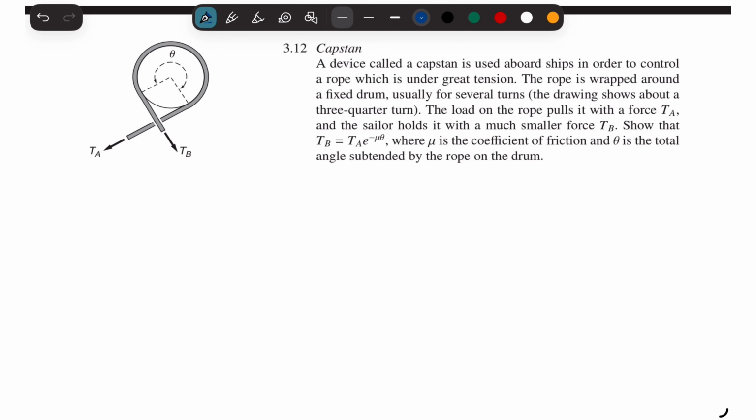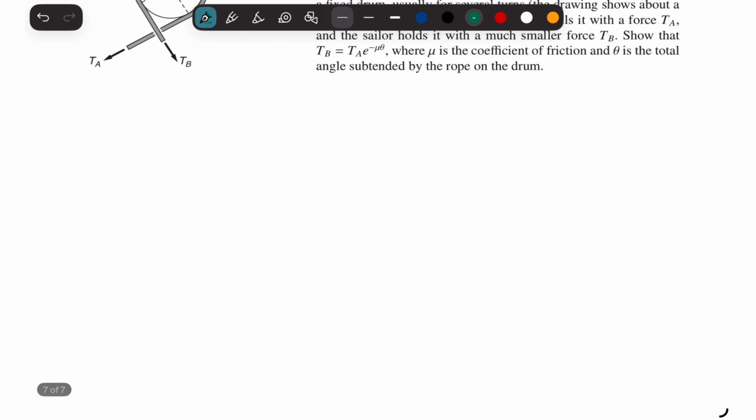Great. So let's consider a very small length element on the rope, something of this small. And then let's draw the force diagram. So this is T and this is T plus dT, and then you have in the middle, now we can connect these vectors.